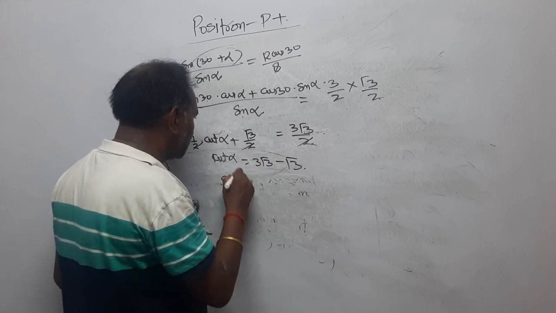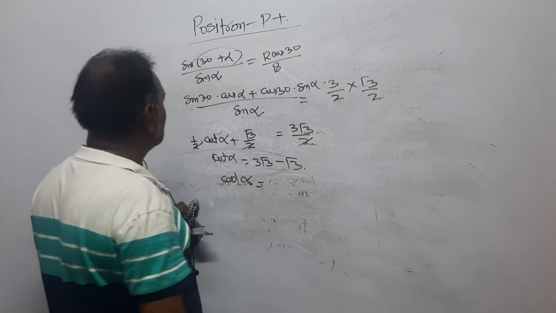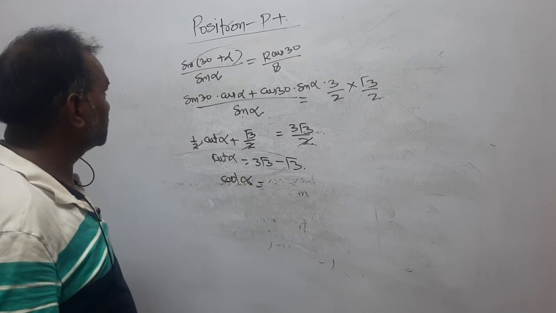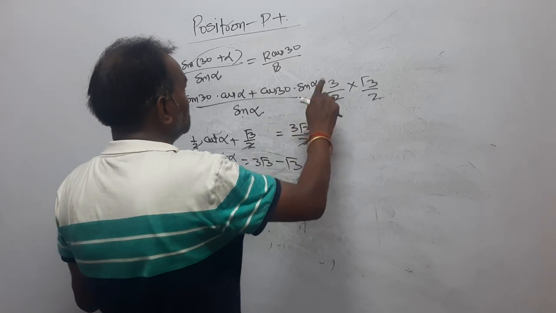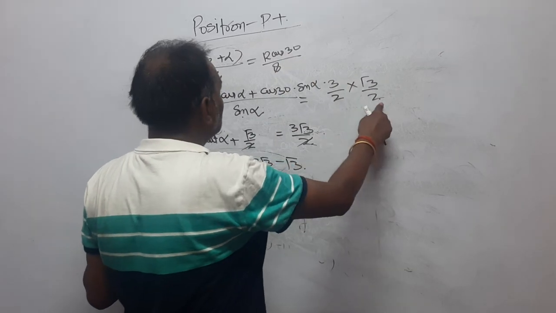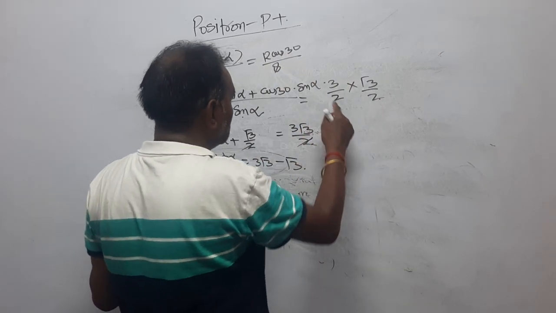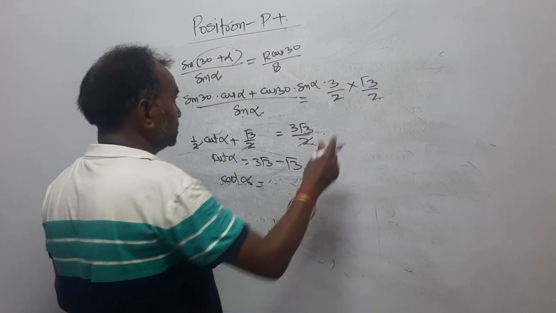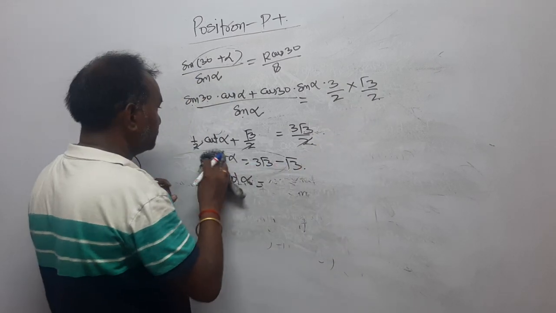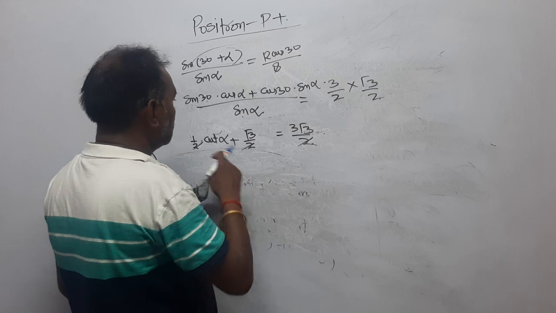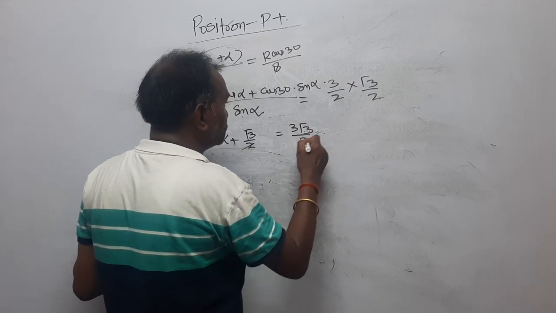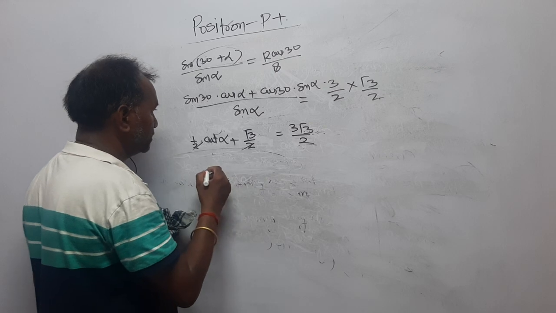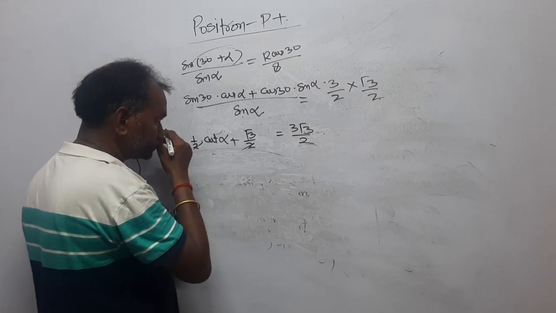That is cot alpha equals, again look here. Cos 30 is root 3 by 2. 2 cancel. 1 by 2 would be left here. Now look here.